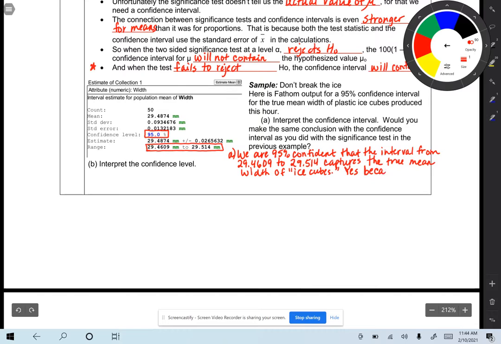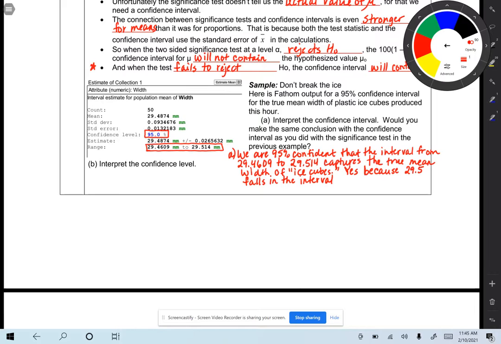Because 29.5 falls in the interval. And so because the null value falls in the interval, that's why we failed to reject it.